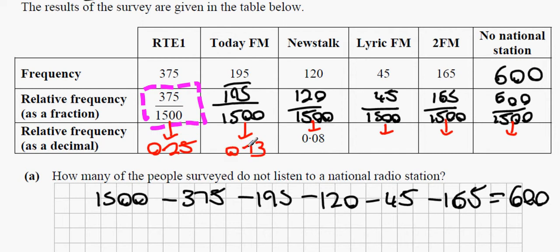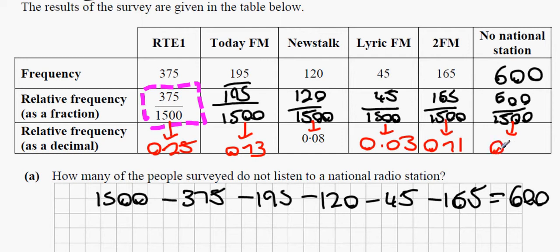This next one's already done for you: 120 divided by 1,500 is 0.08. 45 divided by 1,500 equals 0.03. 165 divided by 1,500 is 0.11. And finally 600 divided by 1,500 is 0.4.